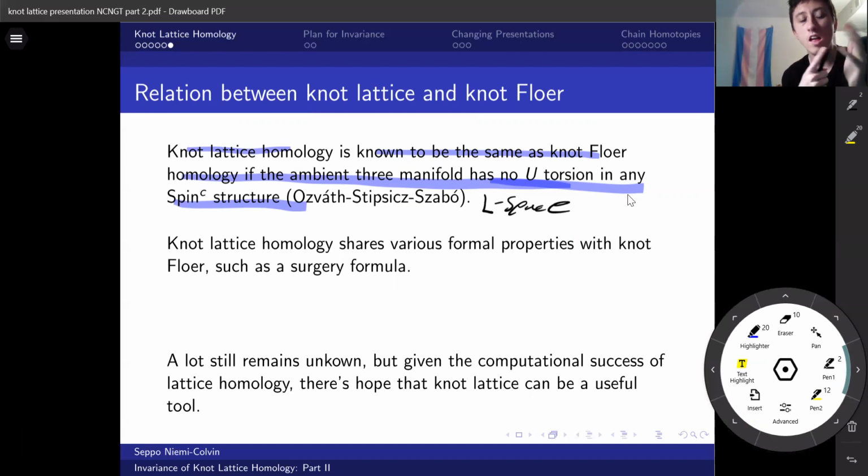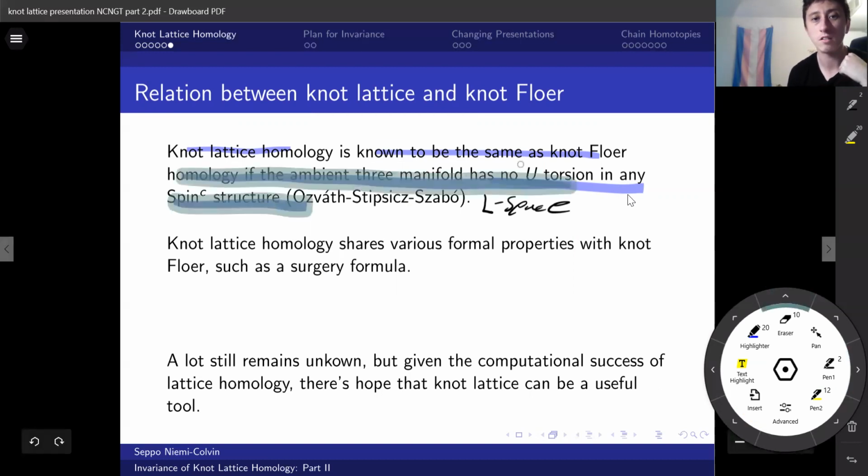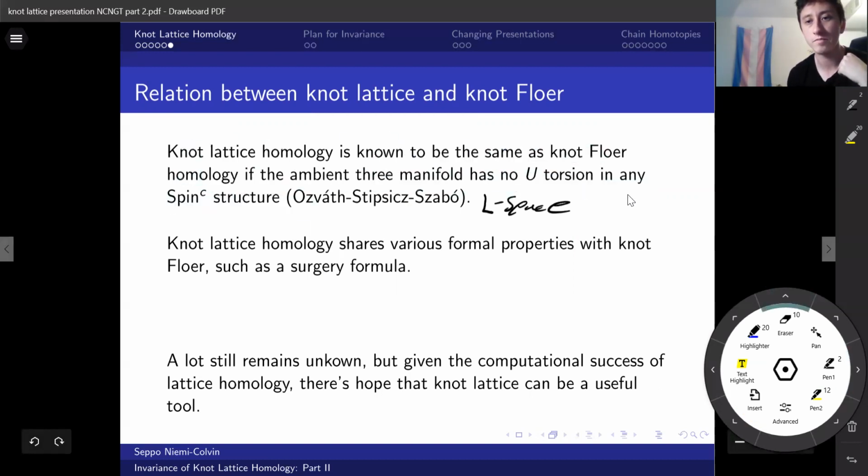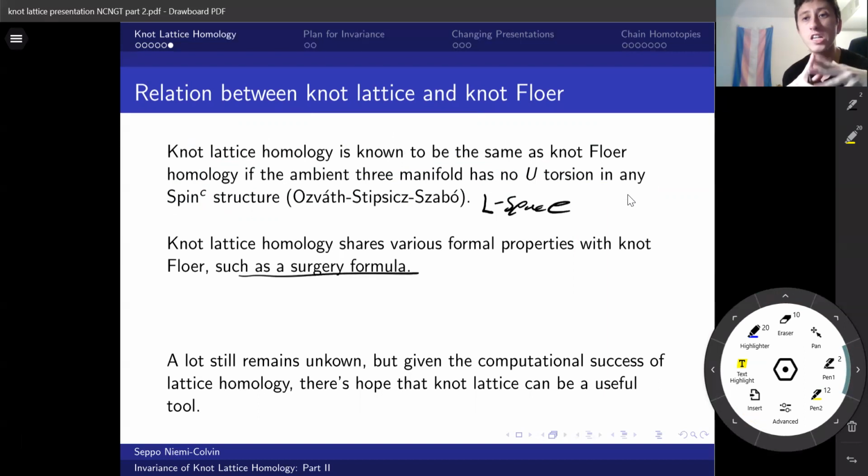And lattice homology also shares various formal properties with knot Floer, such as the surgery formula. In fact, knot lattice homology was defined to be precisely what it needs to be to make the surgery formula work, while also picking up other similarities with knot Floer.